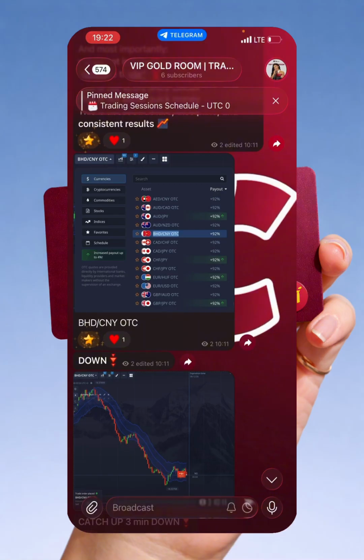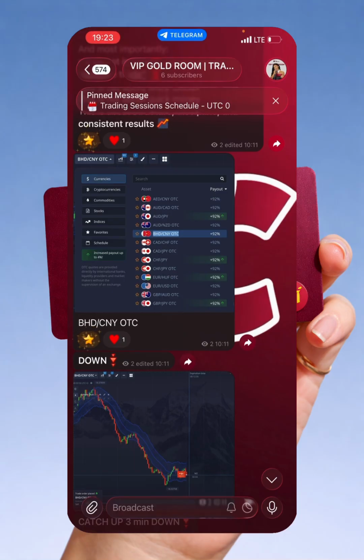I trade on two types of market: the OTC market and the currency pairs. For the currency pairs, I don't trade daily. I do it like 2 times in a week, sometimes once or twice in a month. The OTC market is where I trade on a daily basis. I hope you understand and you're following me.